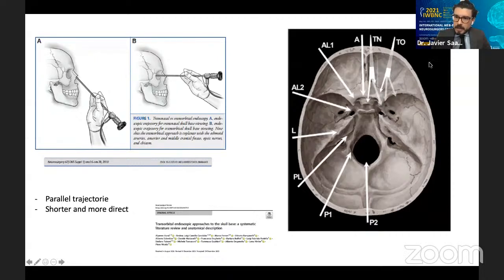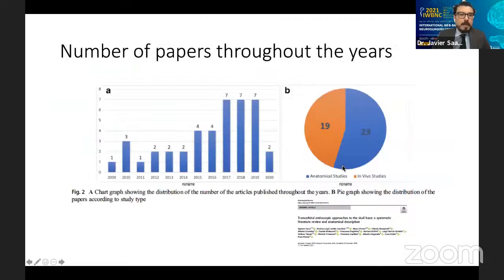She depicts in this picture the different approaches to the skull base. Those are open approaches, this is the transnasal endoscopic approaches, and this is TONES. So TONES has the advantage of having a wide range of visual field for treating lesions that are very anterior and also very posterior.